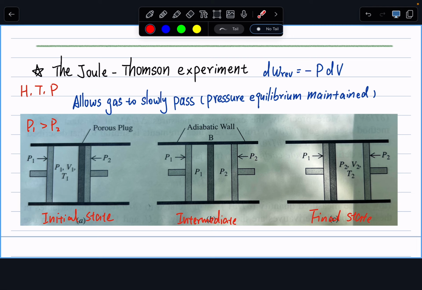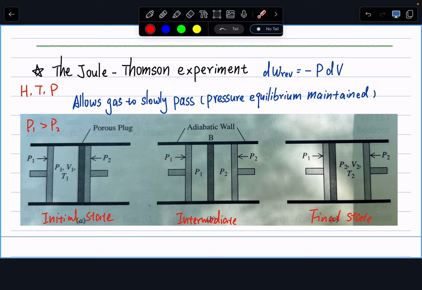Or the other way to put it is when we're looking at the W left, what do we have? We have the piston doing work on the gas, or the surrounding is doing work on the system. Or we can write W left equals the integral of negative P1 dV.